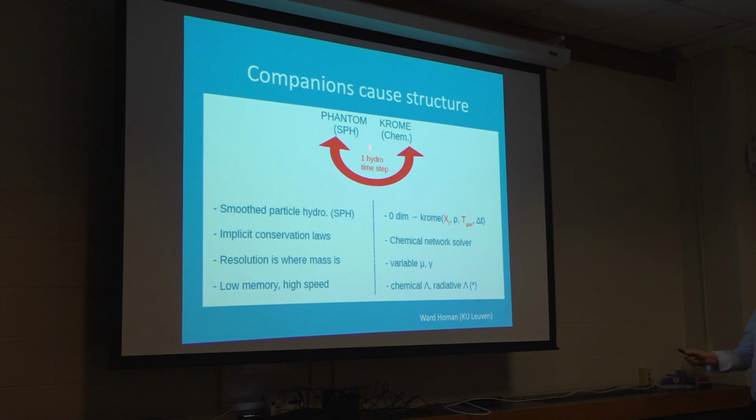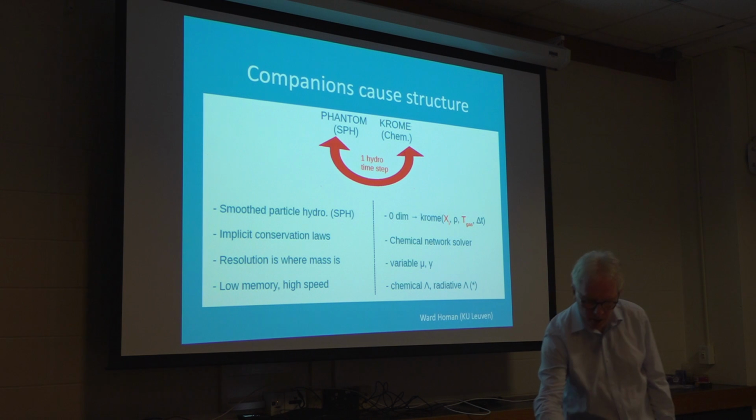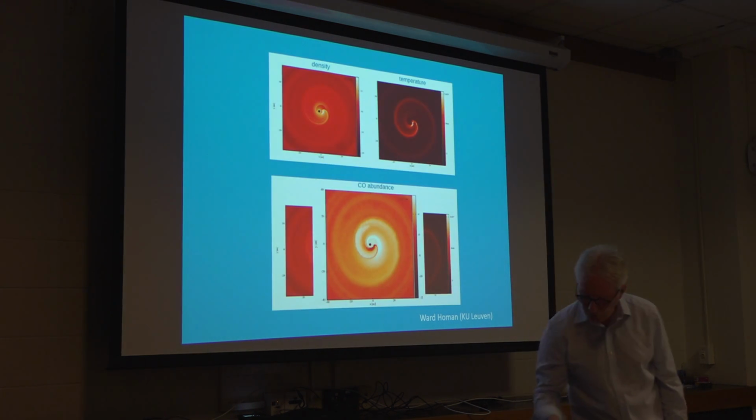So he calculates what happens to the physics in one time step, and then feeds those physical conditions into the chemistry and advances the chemistry by a time step, and then goes back into the SPH code and repeats the process.